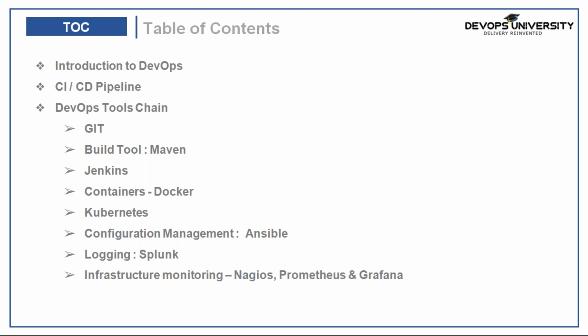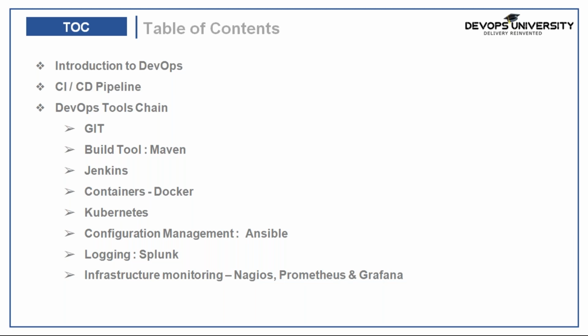How do we make our applications readily deployable using containerization tools like Docker and Kubernetes? How do we prepare our infra and provision our environments quickly using configuration management tools like Ansible?